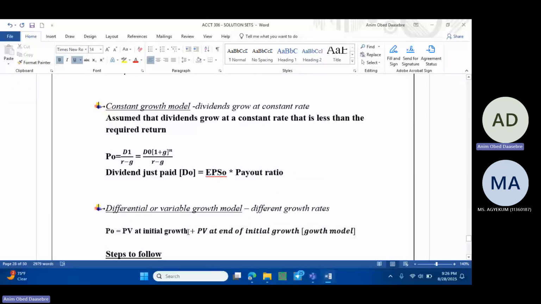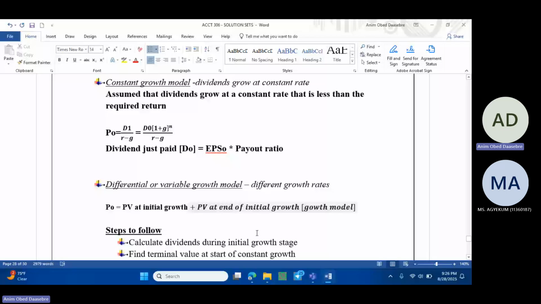Usually in the initial period the growth rate is higher, then after this initial period the growth rate is very low. So g1 is the growth rate in the initial growth stage. After the end of the initial growth, there's another growth that will increase the dividends, and we represent that growth rate as g2.